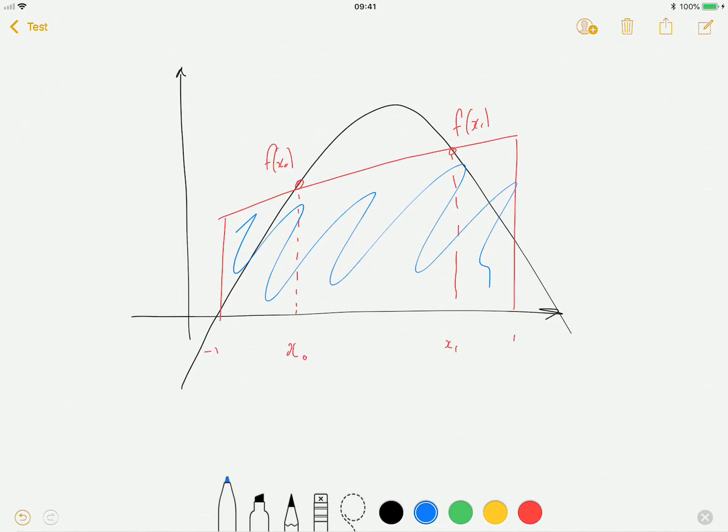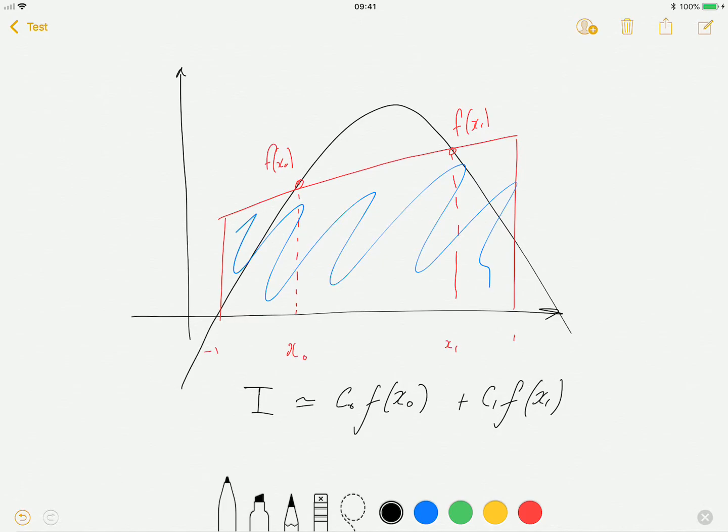And the objective of the Gauss-Legendre quadrature is to determine the coefficients of this setup such that the integration is equal to some coefficient multiplied by the function value f of x0 plus another coefficient multiplied by the function value at x1.